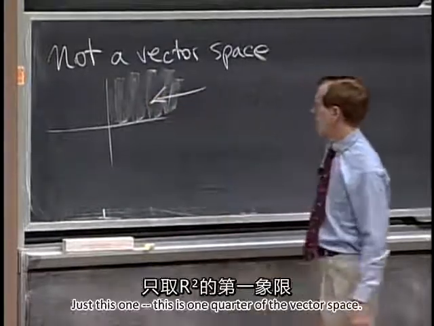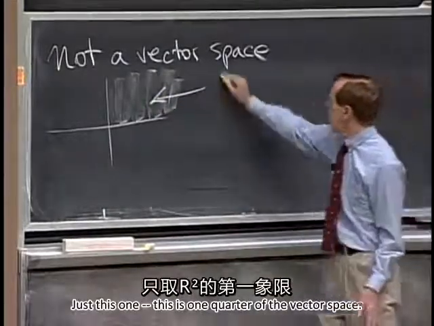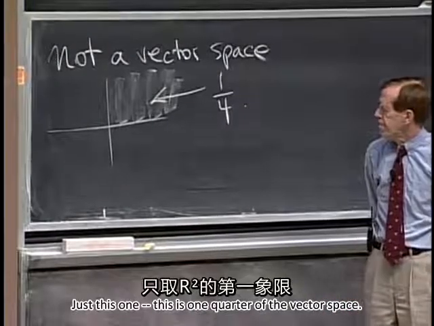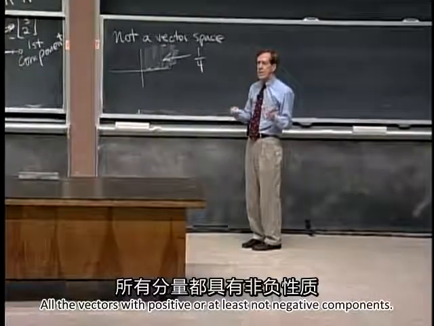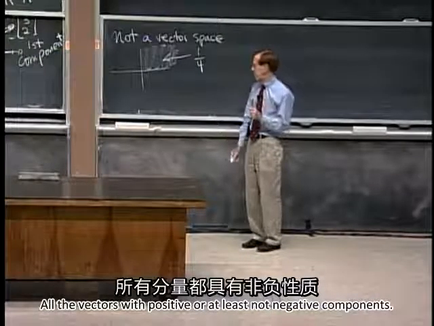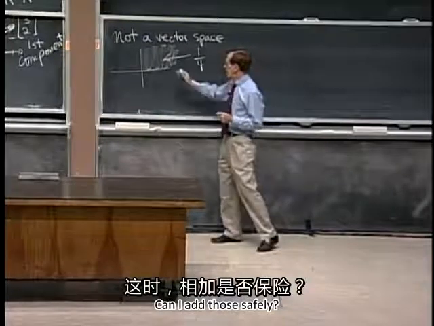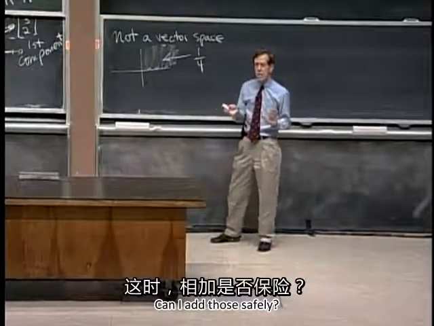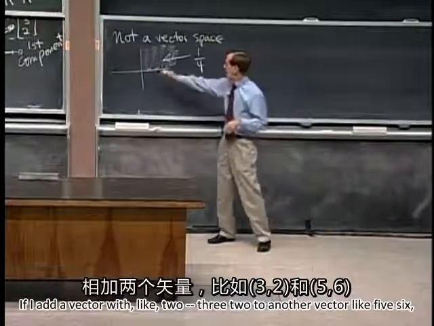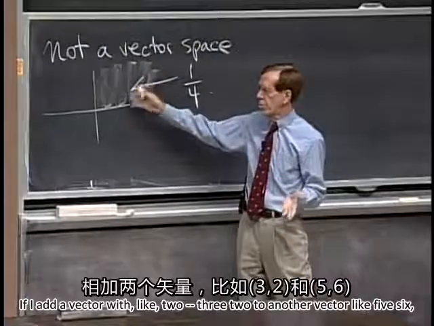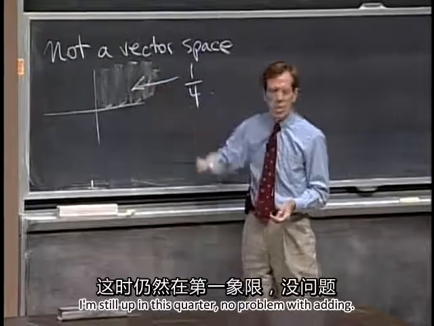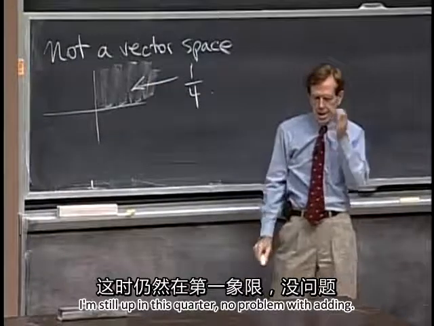Just this. This is 1/4 of the vector space: all the vectors with positive, or at least not negative, components. Can I add those safely? Yes. If I add a vector like 3, 2 to another vector like 5, 6, I'm still up in this quarter. No problem with adding.